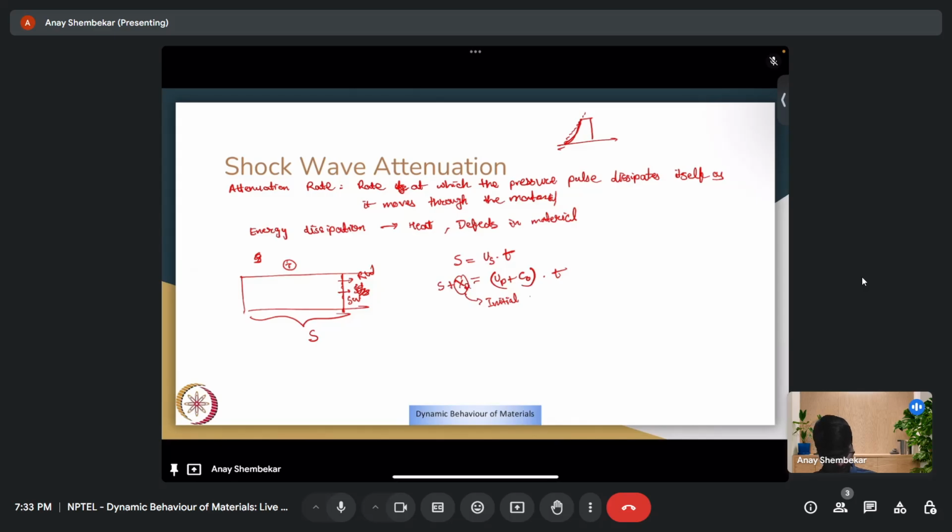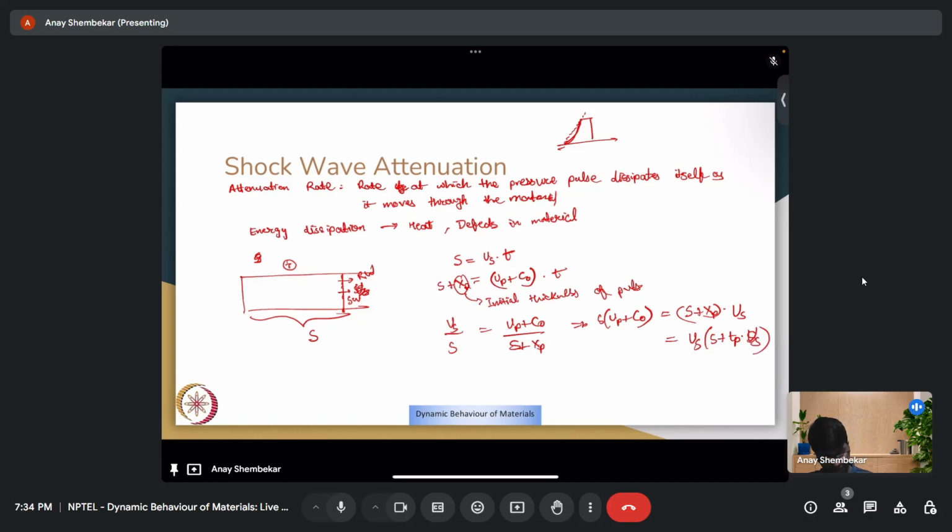I should write XP, initial thickness of pulse, from which you can write US by S is equal to UP plus C naught upon S plus XP, which gives S into UP plus C naught is equal to S plus XP into US, which is nothing but US into S plus TP, TP being the pulse width in time, into US.